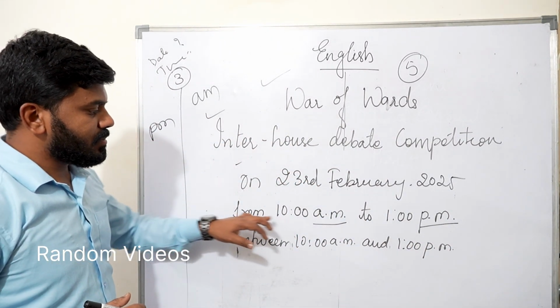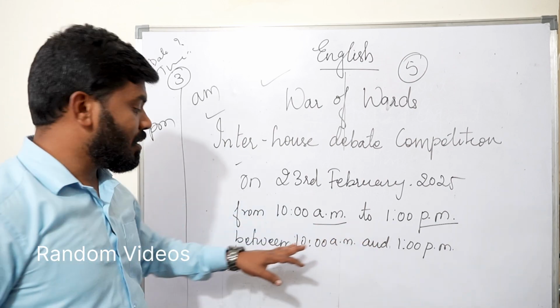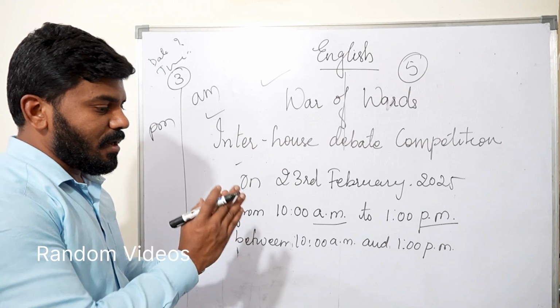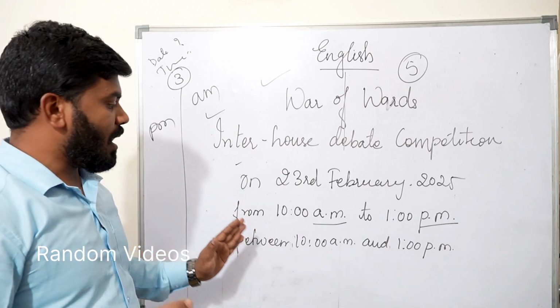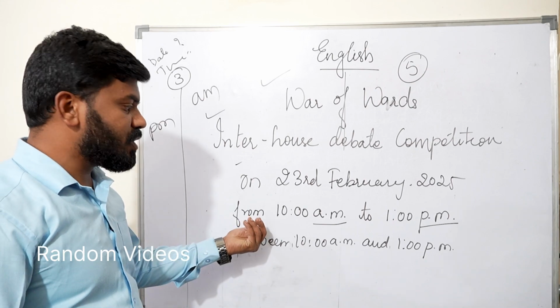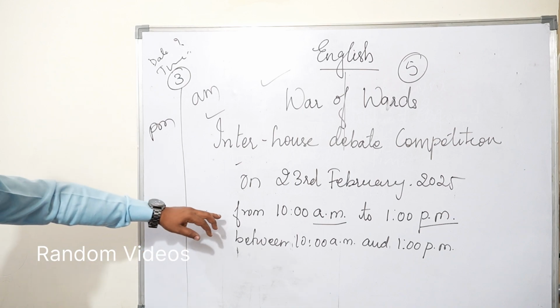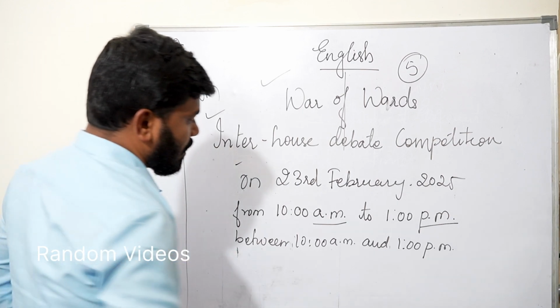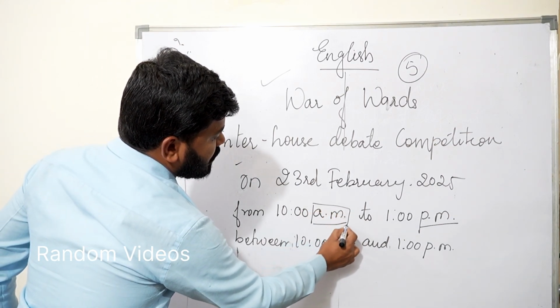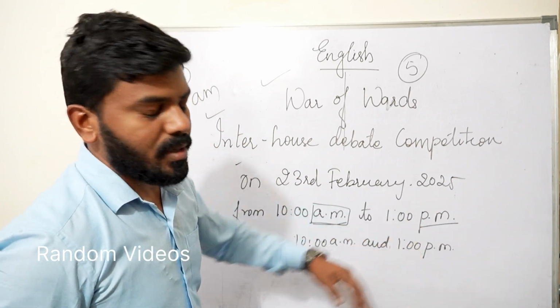Don't write from and, or between, to. That is wrong. With between, you're trying to say between this time and this time. When you use from, it is from this time to this time. Be very careful when you use from and between. And very clear attention should be given to a.m. and p.m.